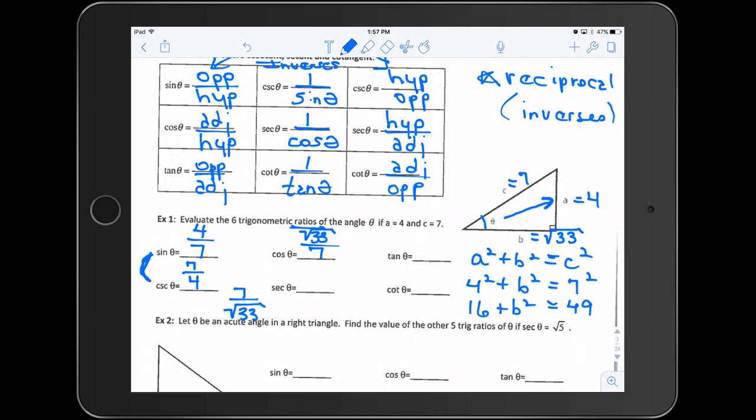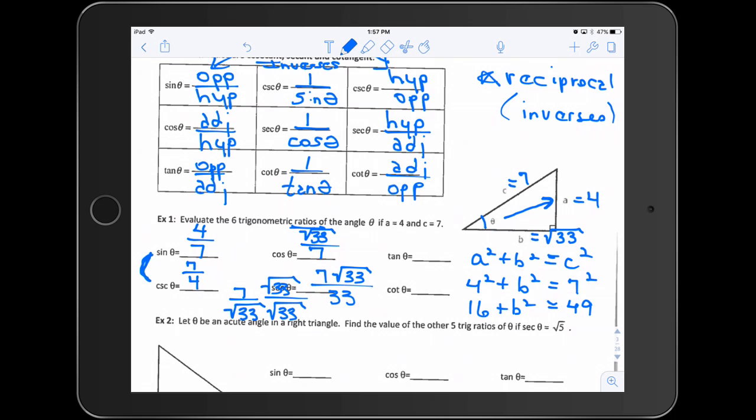But then I need to rationalize, and we rationalize by multiplying the top and bottom by whatever that square root is, and I know it's kind of messy here. But ultimately, I get an answer here of 7 square root of 33 over 33. And again, rationalization was taught in Algebra 1, also in geometry, but also first semester of advanced algebra. So I'm just using a tool you already know. So no square roots in the denominator.